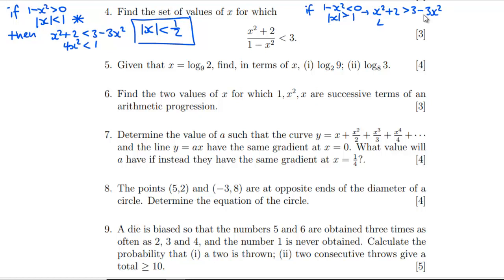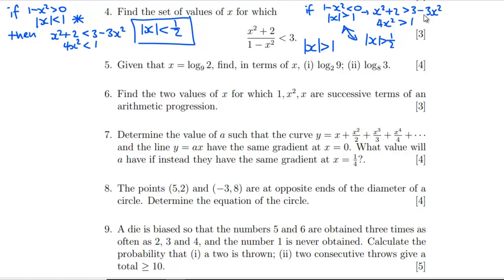So we'd have that 4x squared has got to be greater than 1, in which case mod x has got to be greater than a half, but that's then clashing with that. So we have to stick with mod x is greater than 1. So they're our two options that we've got.